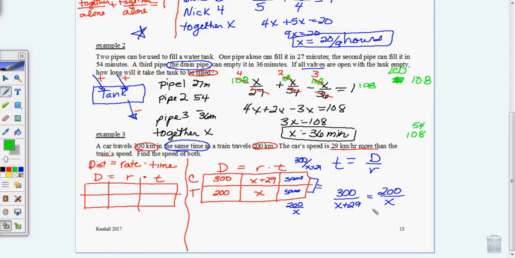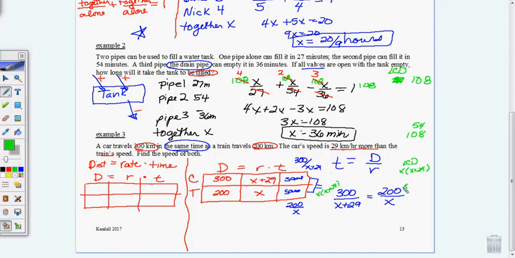Now, you guys need to remember how to deal with an equation with a fraction. You can find your least common denominator if you want. Since this is one fraction equals another, you could cross multiply, but to be consistent with what we've been doing, my least common denominator would be x plus 29, and I'm going to multiply that on each side.